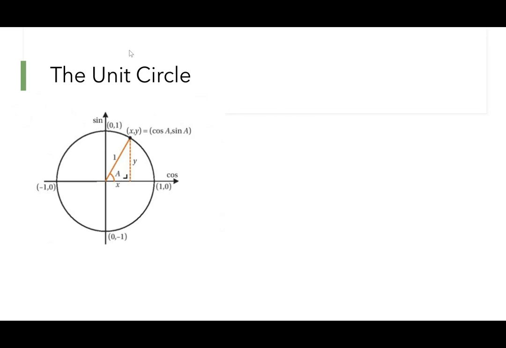So cos 150, sine 150 is actually the exact same as this angle B, which is cos 30, sine 30.